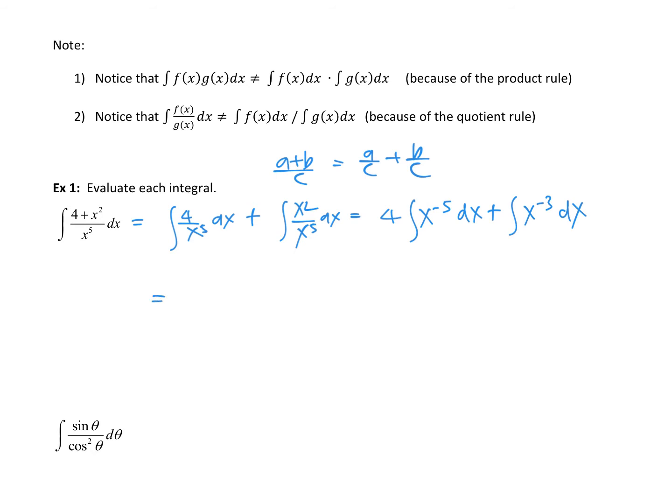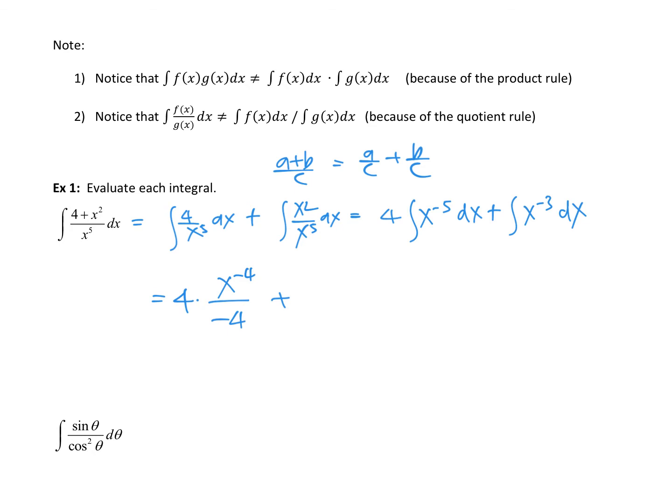All right, so how do you find the integral? The first one is x to the negative 5. You add the power by 1, so it's x to the negative 4. Then you divide by that, right? So it's x to the negative 4 over negative 4. Plus, same thing, you increase the power by 1, so negative 3 plus 1 is negative 2, and you divide by that.